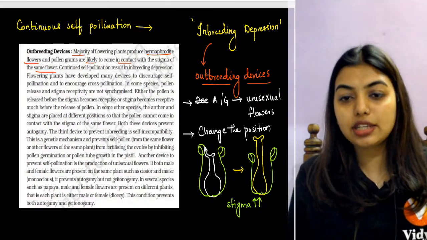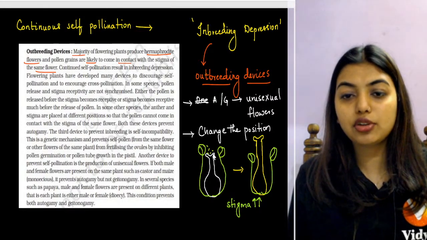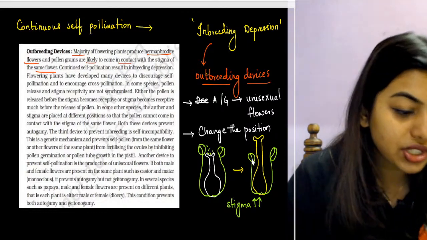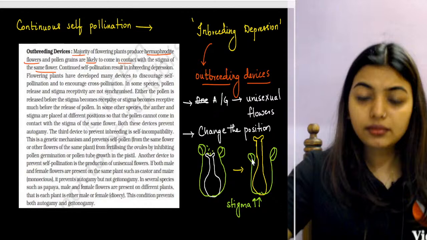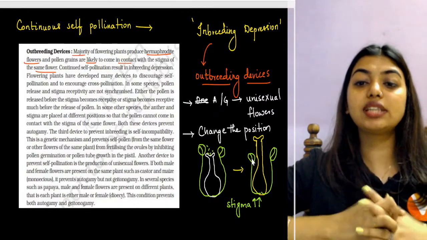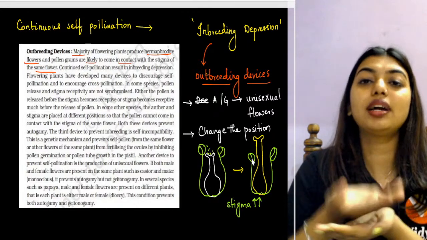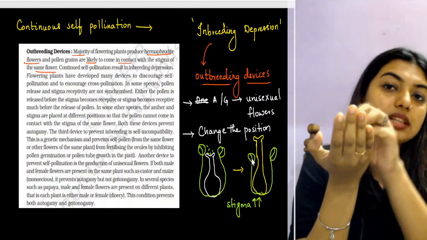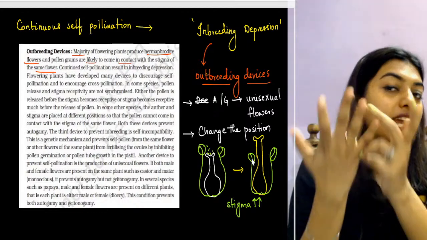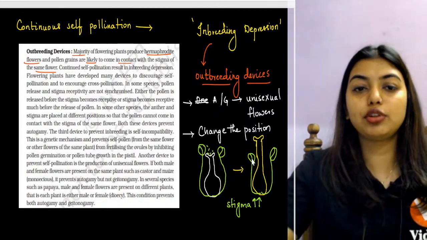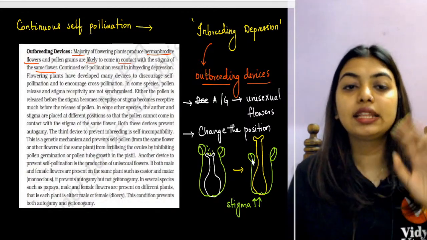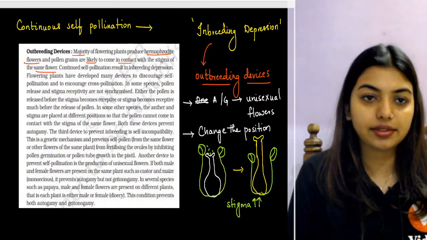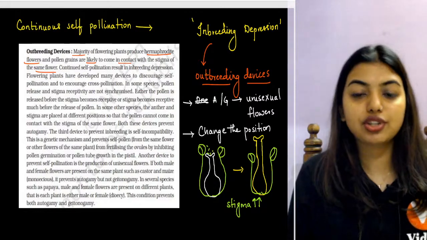Now in the first situation the anther was easily able to land on the stigma, but in this situation can they? It will not, right? Because the anther is down and the stigma is above, so how will the anther be able to scatter the pollen grains? Even with the help of wind, it will not be able to do it. So the second thing that the plant is going to do is change the position of the stigma and anther.